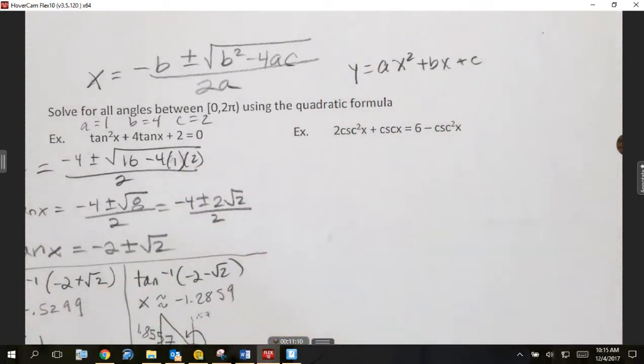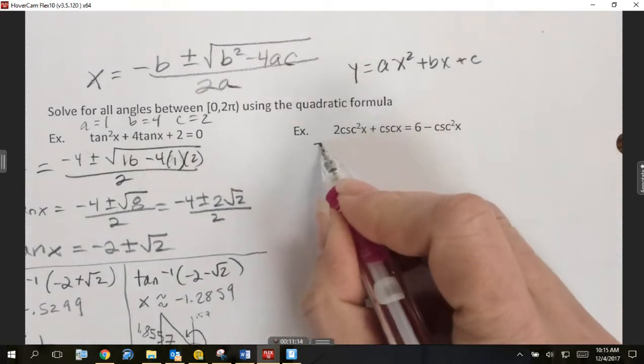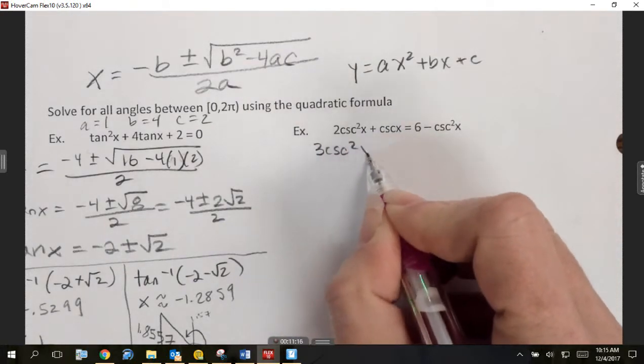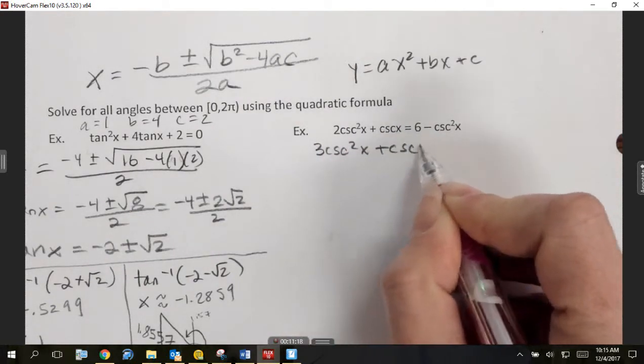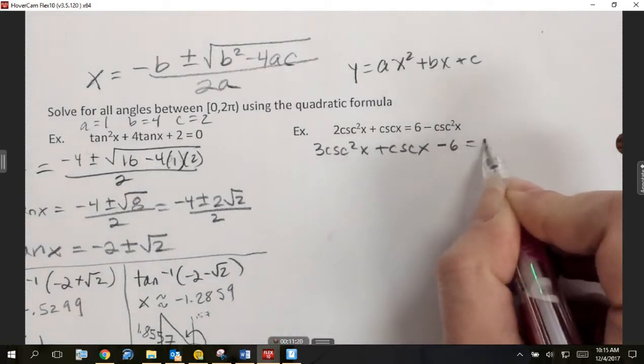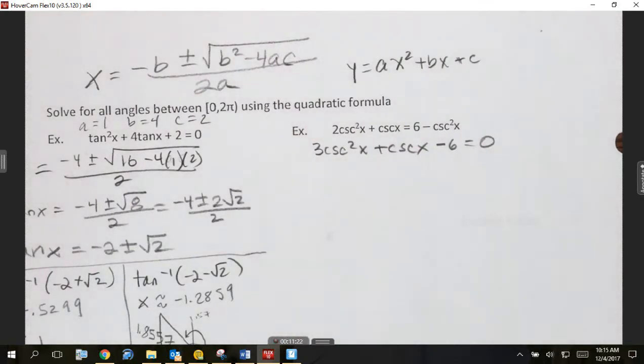So we'll go ahead and make that say equal 0. So I added cosecant squared x, I subtracted 6. And then we have quadratic form.